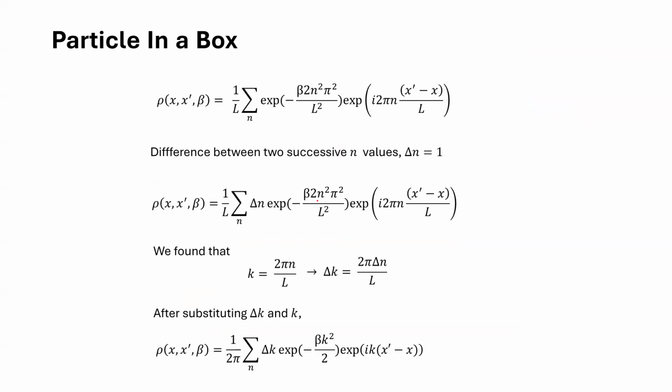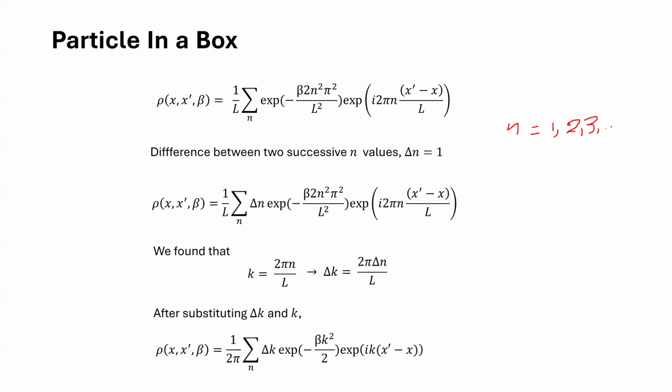So we are trying to modify the density matrix expression. Here we consider some small change in n, and remember that, as I told you before, n is like 1, 2, 3.